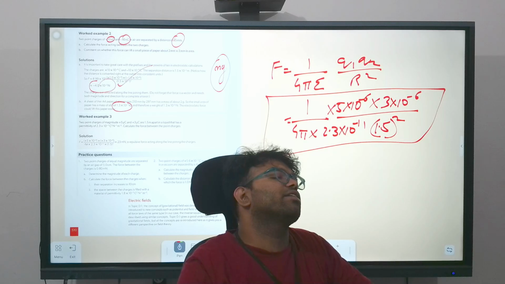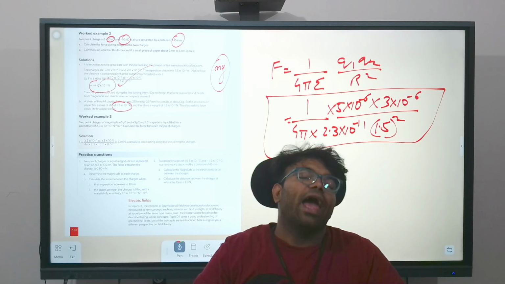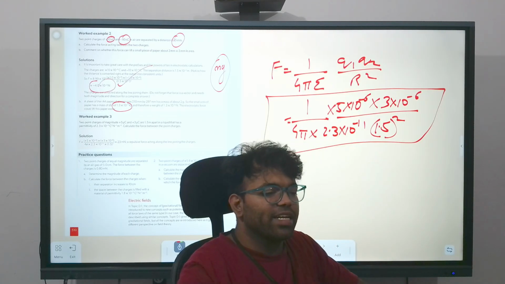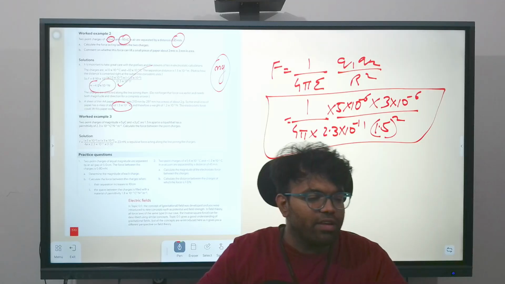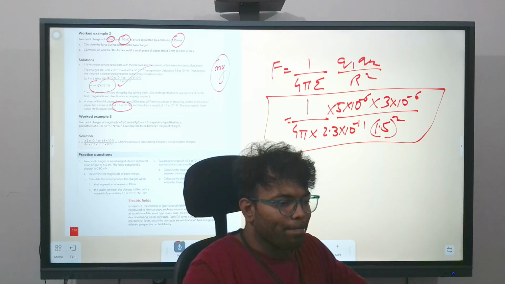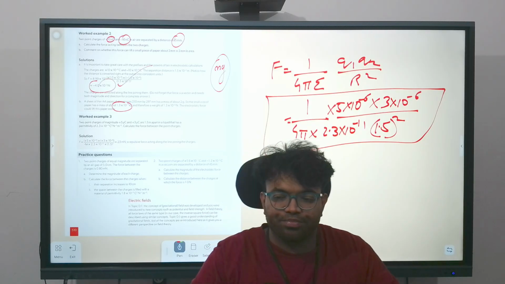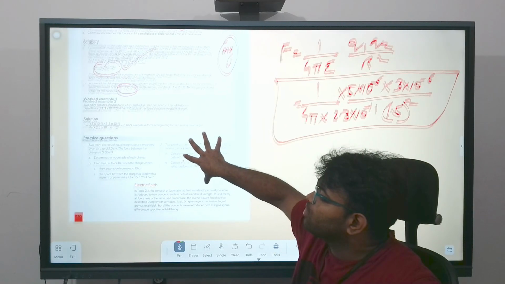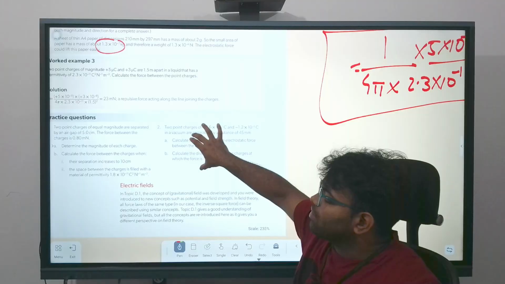I'll explain permittivity in more detail in the next class, when we learn more about the electric field. Now, we have finished, so we'll practice these questions in the next class.